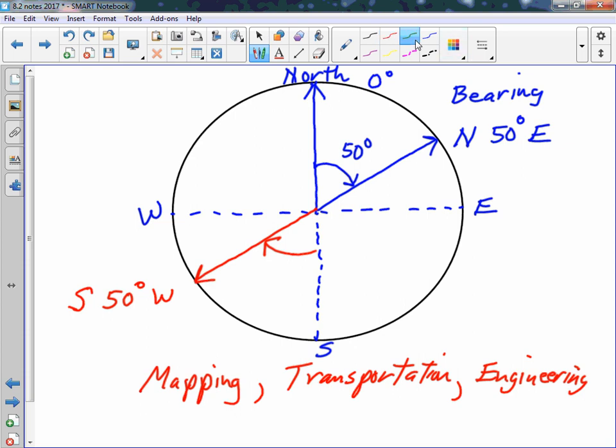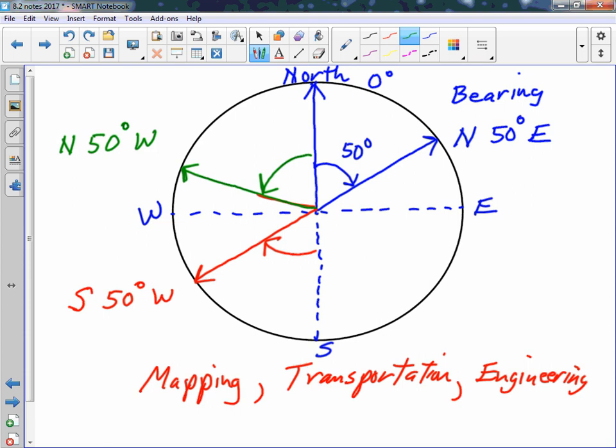And accordingly, you can have something out here. What would that be? Well, it starts at north. This one, however, goes counterclockwise. North 50 degrees west. Yeah, just when we get a handle on things, this system comes into play.